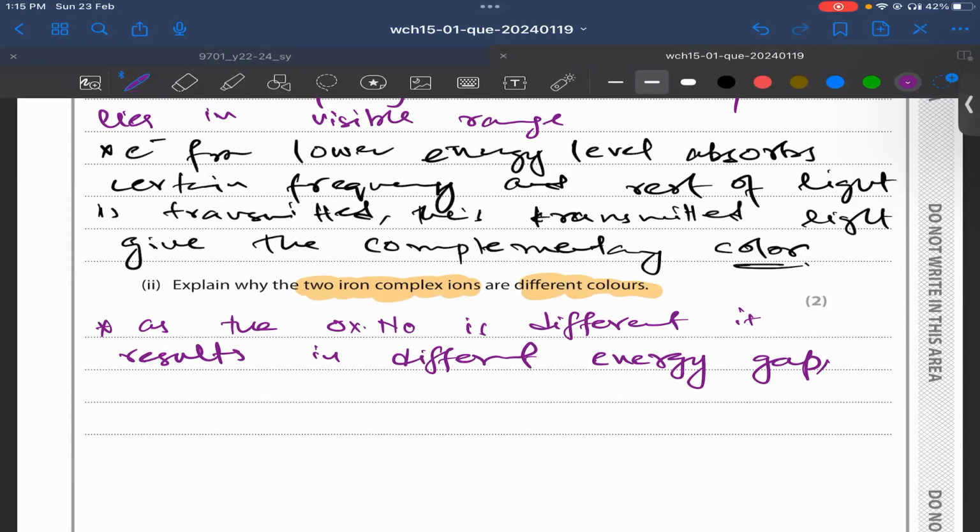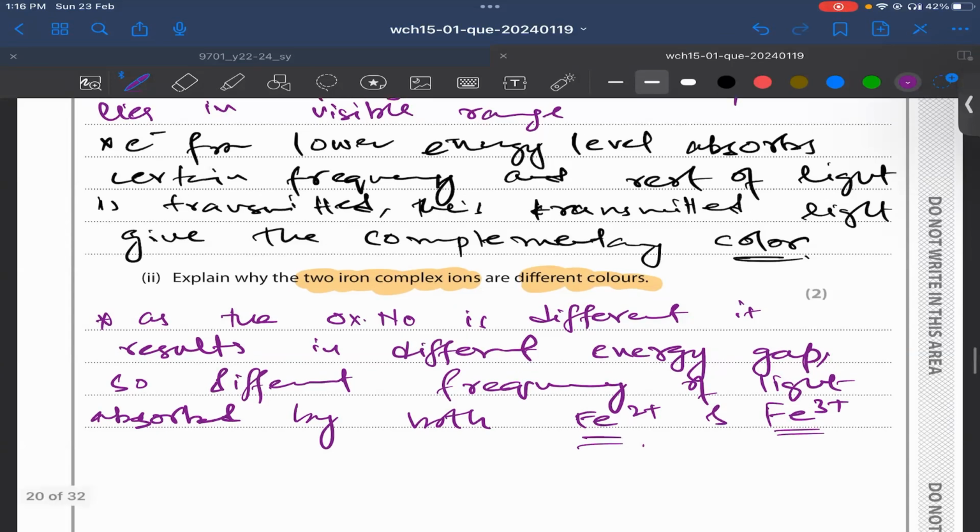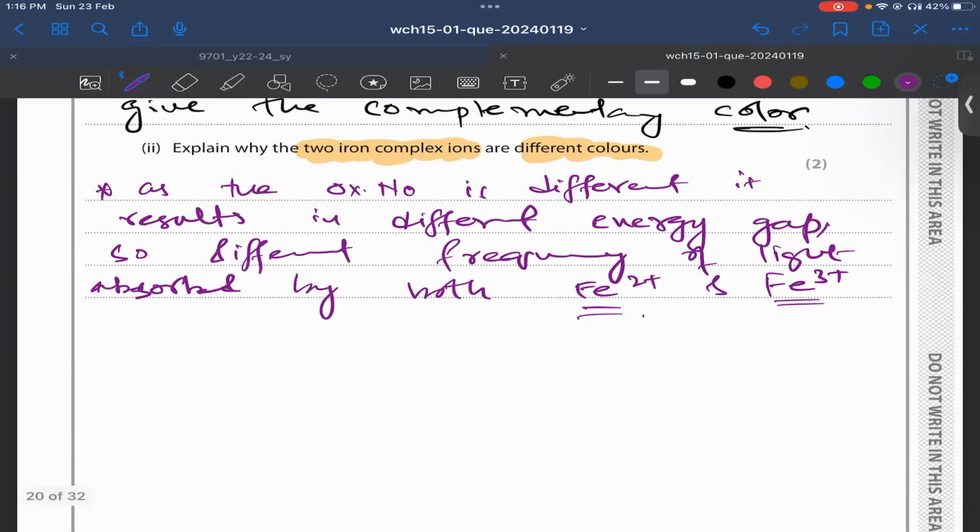So a different frequency of light will be absorbed. So a different frequency of light is absorbed by Fe2+ and Fe3+. All right. Any questions? Yes, yeah.